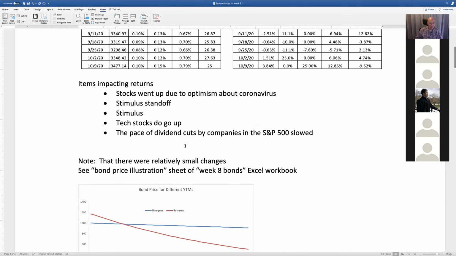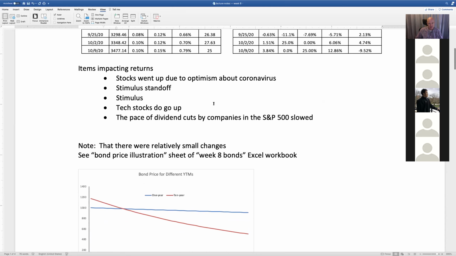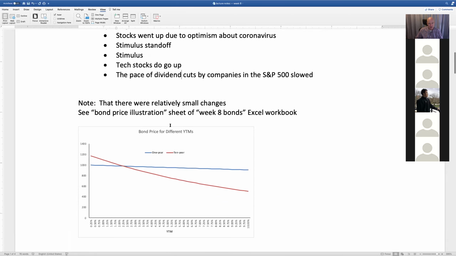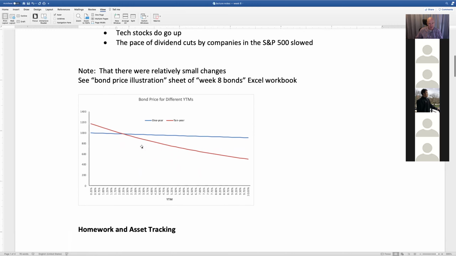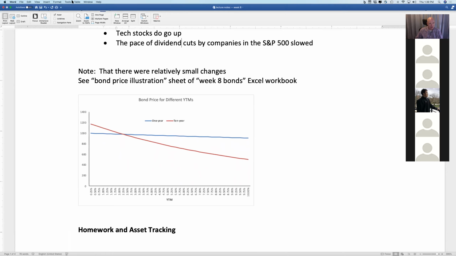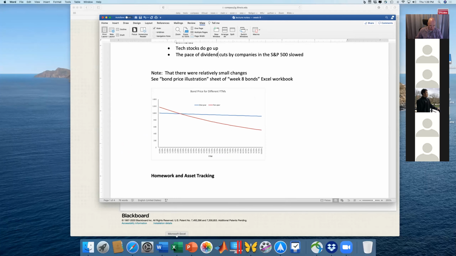So I want to focus here, since we're talking on bonds. I am going to go to an illustration of bond price for different years to maturity. You see this graph here. This graph was created in an Excel spreadsheet that you have available to you.